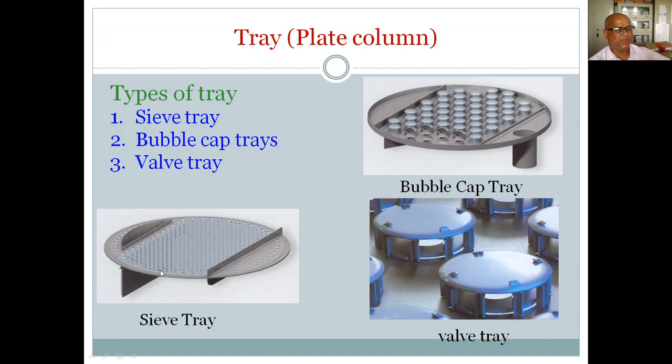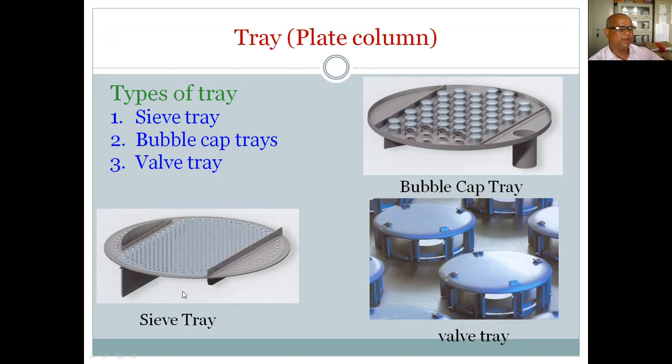So when this plate is fit to a particular shell, then this circular outside periphery will be blocked. So liquid is coming from the top to this area, then it will flow here over the weir. So it is flowing here, and then from the bottom there will be holes. This is called holes. Small holes are there.